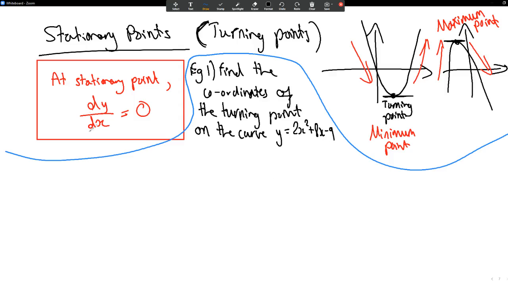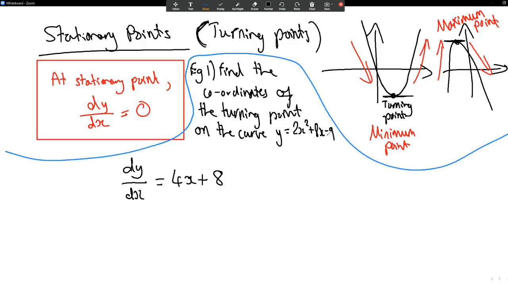Okay, so first off, let's find dy over dx. For this first value, we move the 2 over, so that's 4x, and remember we take 1 away. For the second one, if we have just x to the power of 1, that becomes x to the power of 0, so we just get rid of the x.